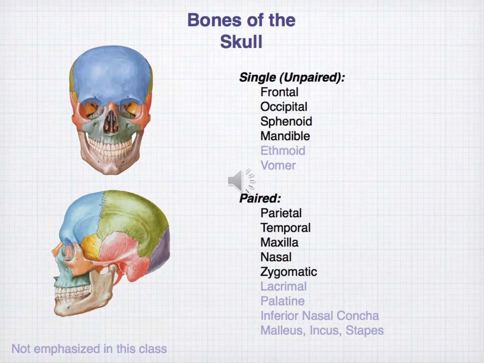Since these are paired and they fall along the sagittal plane, remember, that's the plane of your body that is symmetric, 22 plus 3 bones of the ear on each side equals 28. So there's a total of 28 bones of the skull.